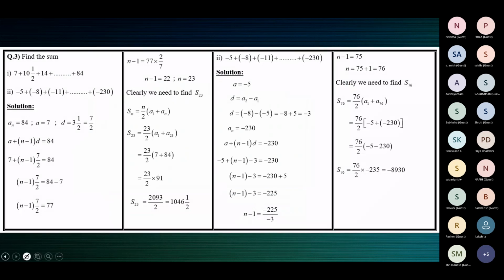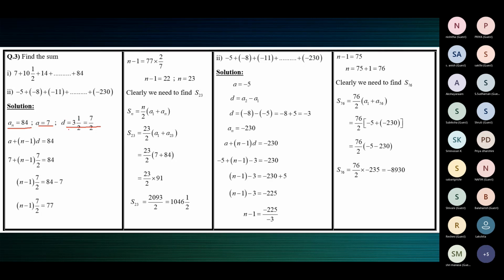Please look at the first answer, children. We know that an is 84. The first term a is 7. And the common difference is 3.5. I've written the answer straight away.